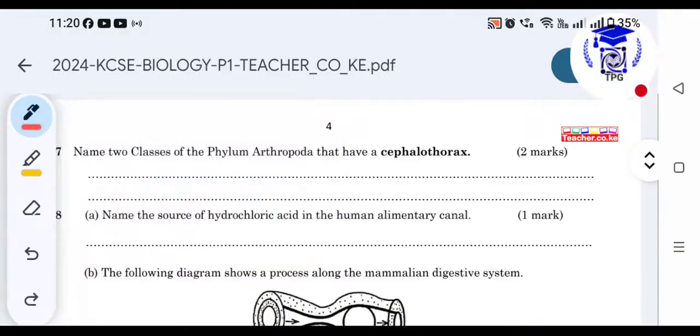The 2 classes of phylum Arthropoda that have a cephalothorax: number 1 is the class Crustacea, and the class Arachnida.